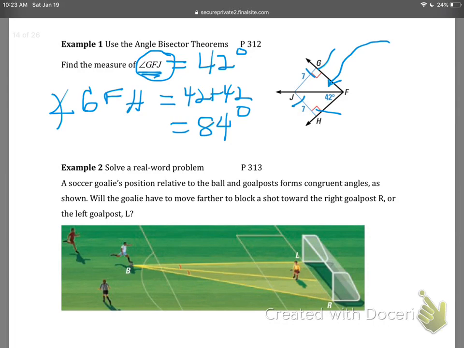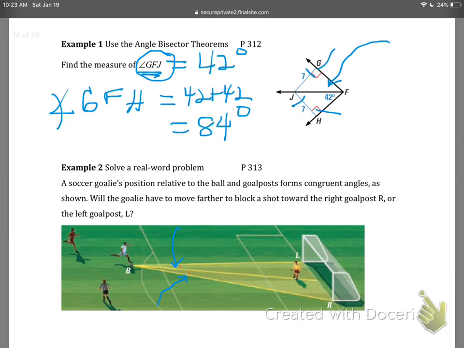Okay, so here are the two angles that are shown congruent. Now, notice something. If those angles are congruent, then this ray from B to the goalie must be acting as an angle bisector. So now they're asking us, will the goalie have to move farther to block a shot toward the right goalpost or the left goalpost?